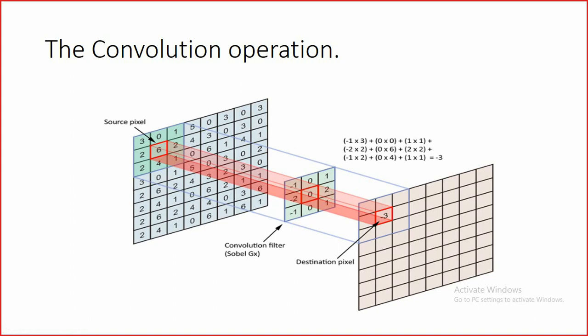So, Professor, I have a question. Yes. How do I get the -3 output? Can you please tell me the calculation of this? There are some negative weights here, -1, -2, -1. So if you multiply them by these pixel values, 3 times -1, okay, 0 times 0, nothing, 1 by 1 is okay, 2 by 2 is 2 by -2, -4, 6 by 0, nothing, 2 by 2, okay, 2 by -1, 4 by 0, 1 by 1.